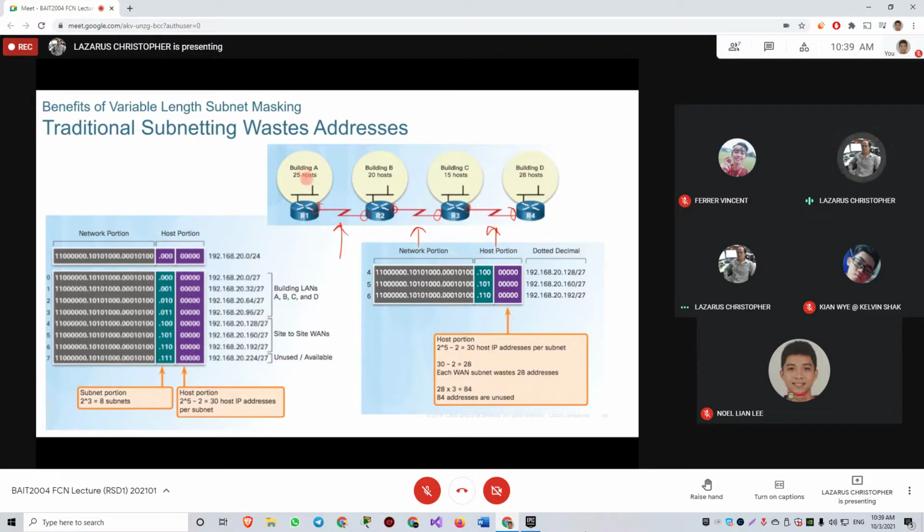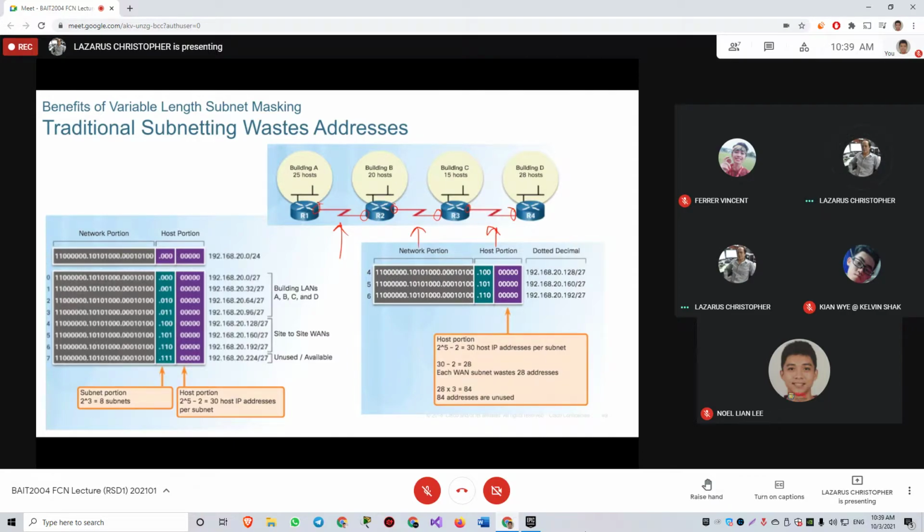Here, 30 minus 25, 5. 30 minus 20, 10. 30 minus 15, 15 hosts. 30 minus 28, 2. But here is worse. 30 minus 2, I have 28 host addresses between the buildings wasted.